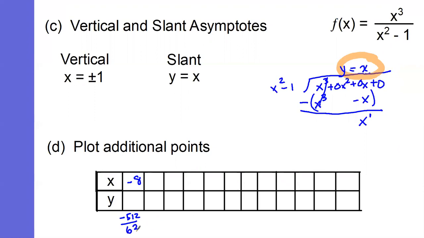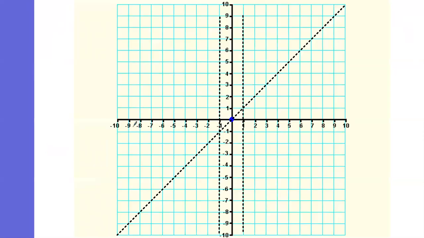So now I have negative 512 over 63. And if you type in negative 512 divided by 63, you're at about negative 8.12. So let's plot that point. I'm going to go left 8, down 8.12, so I'm about right here.